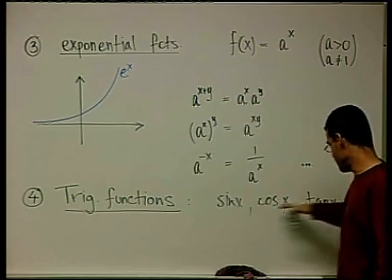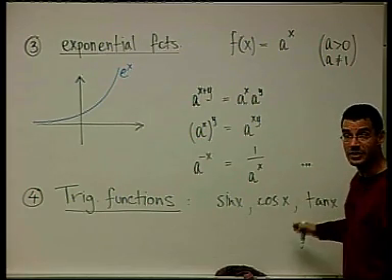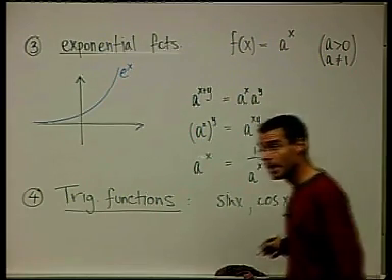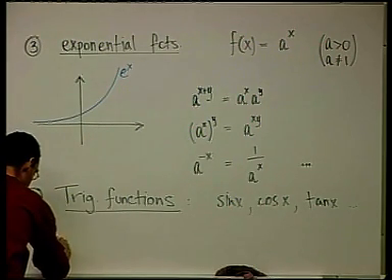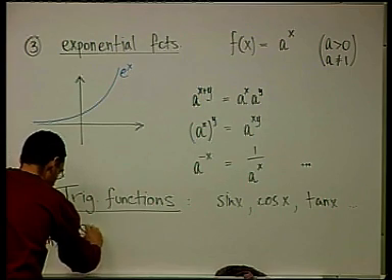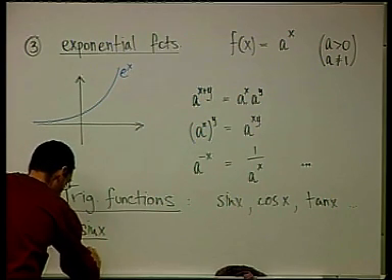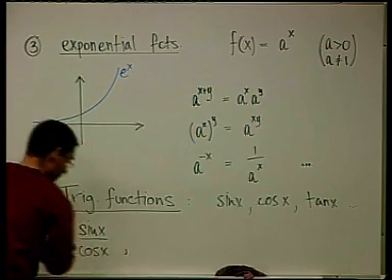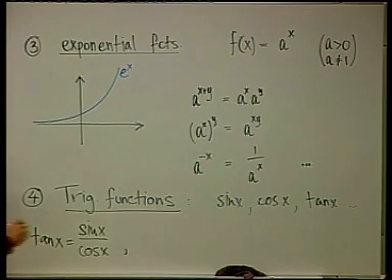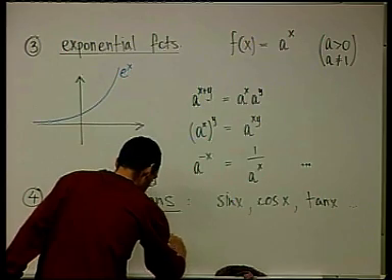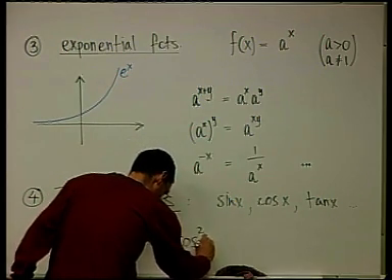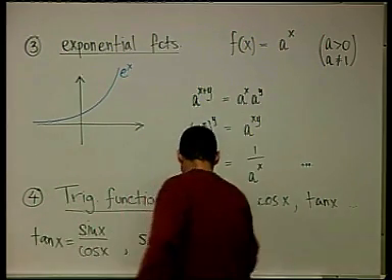There are all these things sometimes called trig identities or trig formulas. I expect you to know, for example, that tan x is sine x over cosine x. That's actually the definition of tan. And that sine squared x plus cosine squared x equals 1.